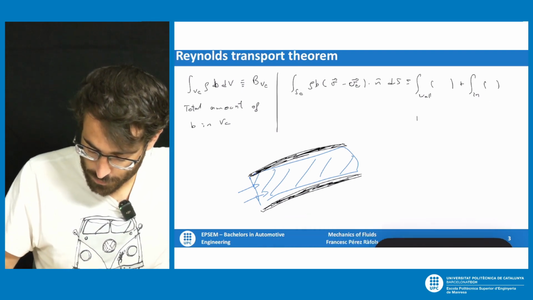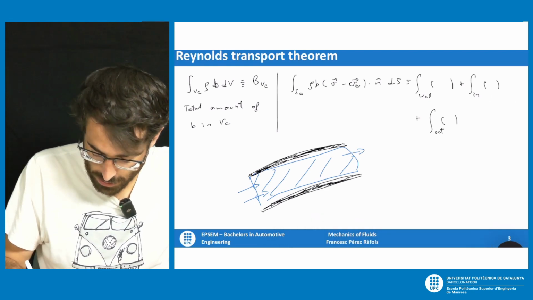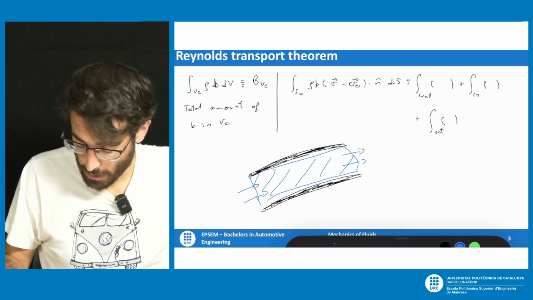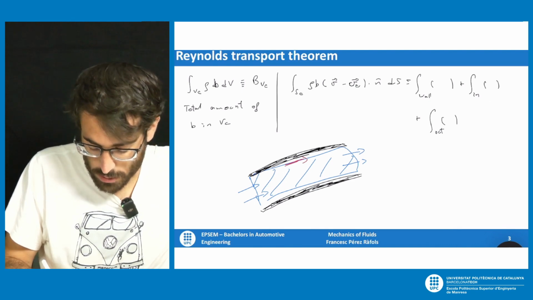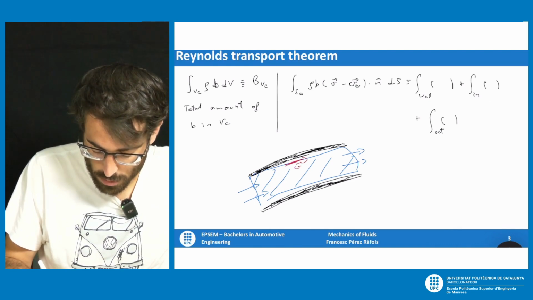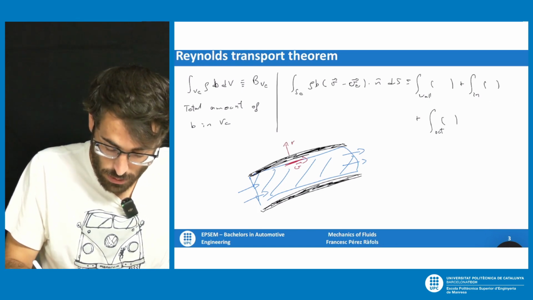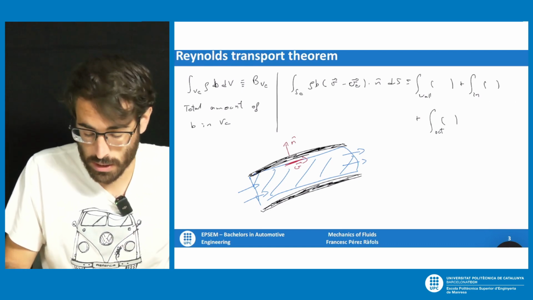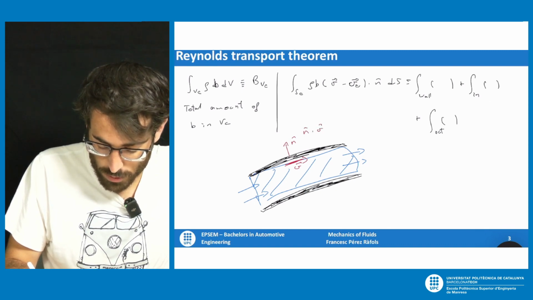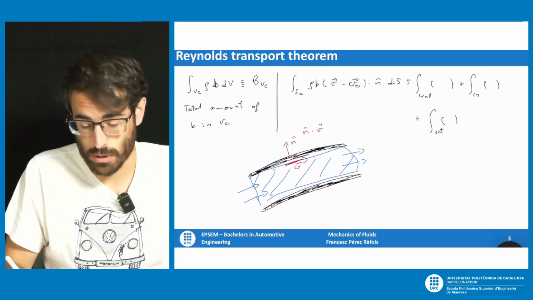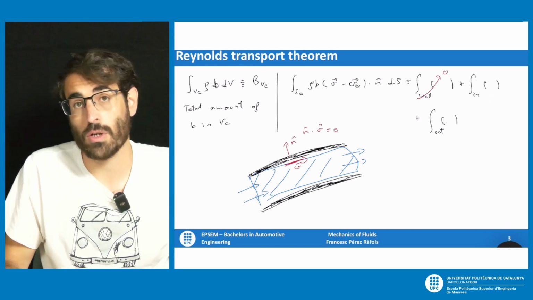And then plus the integral over the outlet of, again, the same term. And the outlet, in this case, would be here. Now, if we look at the velocity at the wall, since it cannot be crossing the wall, it is going to be tangent to the wall. So the wall has a normal here, and the velocity, because it's not crossing, has to be tangent. Then of course, we know that the dot product between two vectors that are perpendicular is 0. So in general, this whole term is going to be 0.